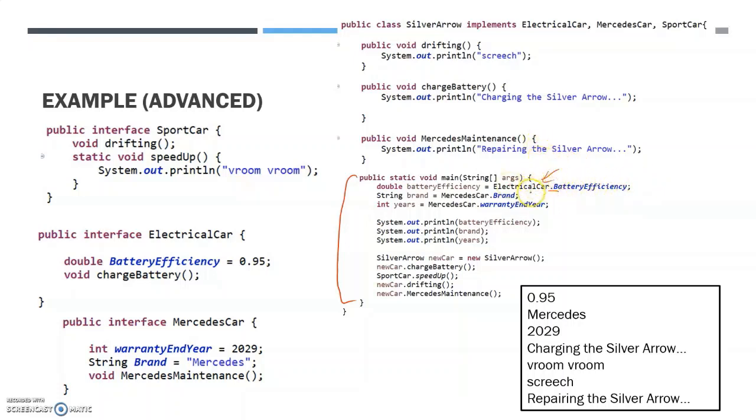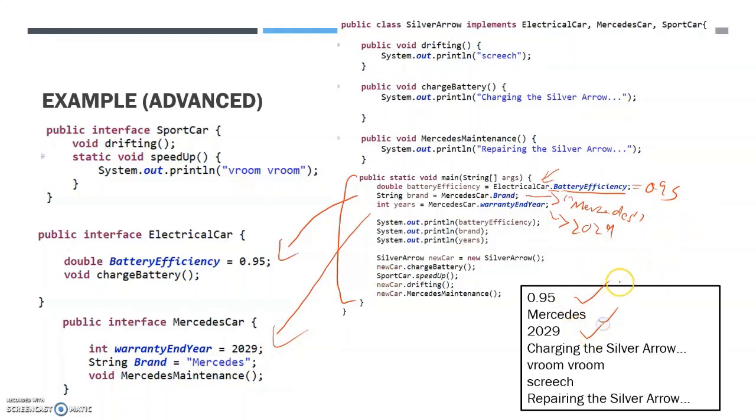So the program will go into the ElectricalCar and find if there's this variable, and it will set batteryEfficiency equals 0.95 as in here. And for brand, it will set it to Mercedes. And for int years, it will set it to 2029. So printing these, we'll get 0.95, Mercedes and 2029.